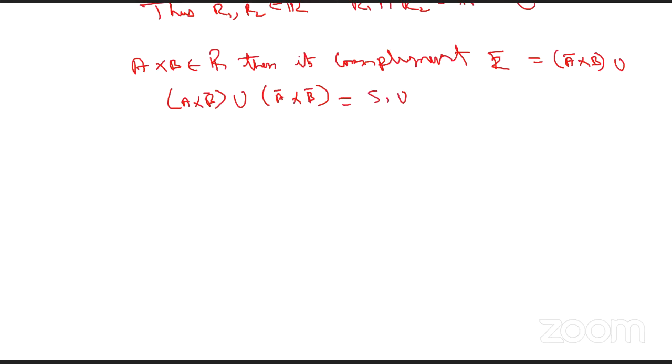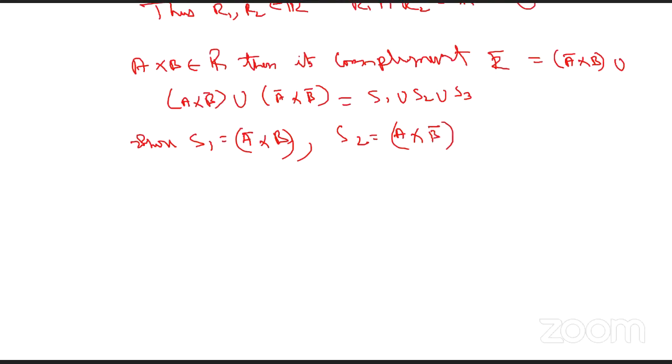that equals S1 union S2 union S3, where S1 equal to A complement cross B, S2 equal to A cross B complement, S3 equal to A complement cross B complement.